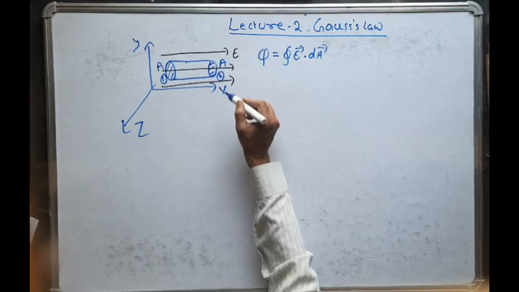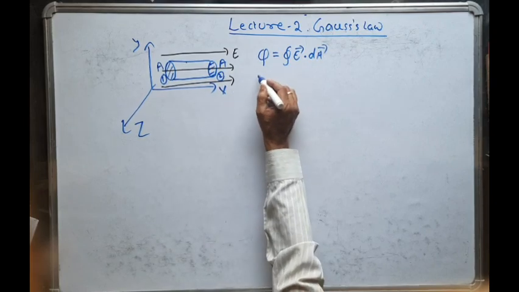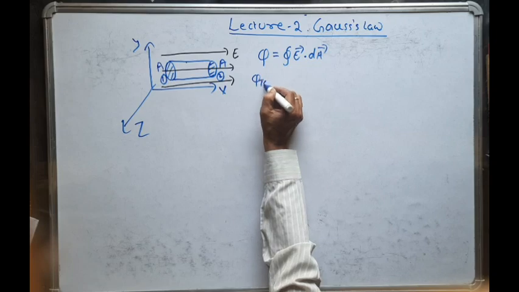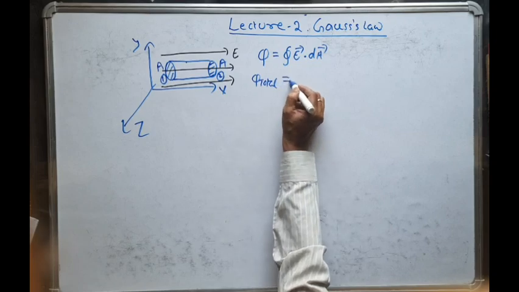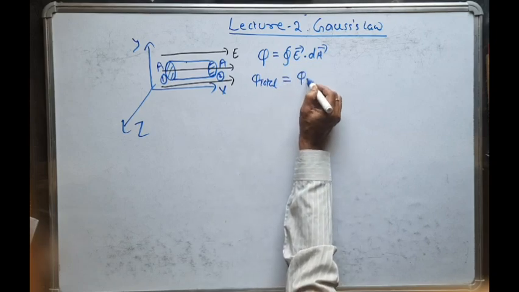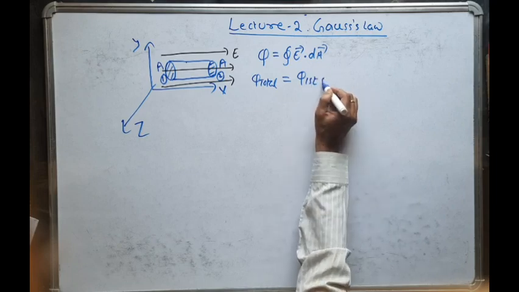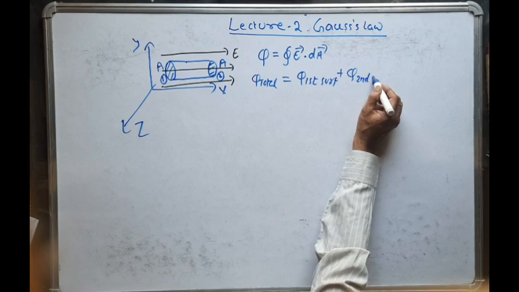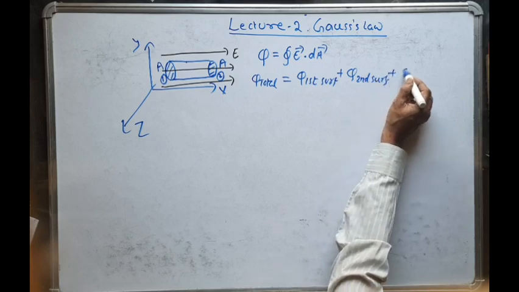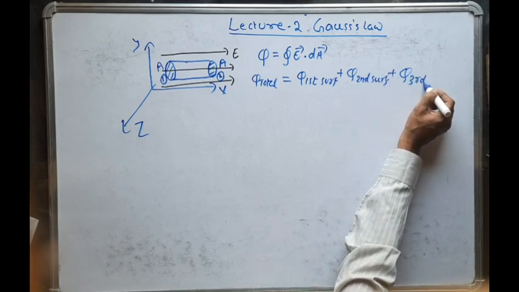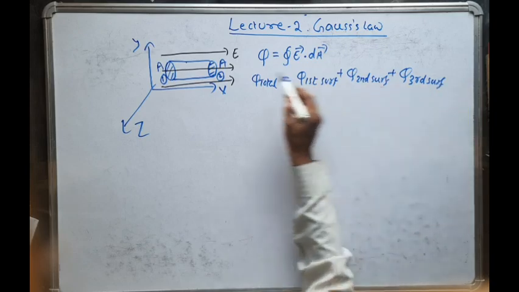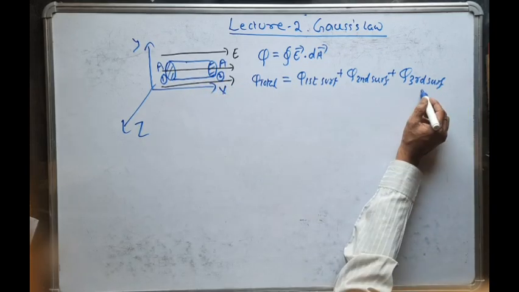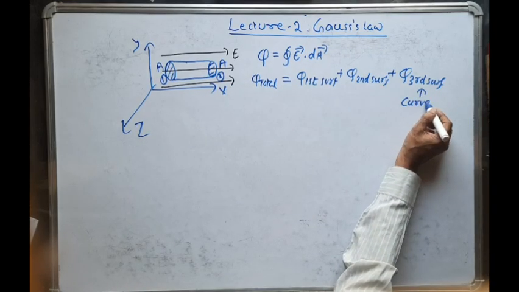So now we will find the total flux. The total flux through the whole cylinder is nothing but the flux due to the first surface plus the flux due to the second surface plus the flux due to the third surface, the curved surface.